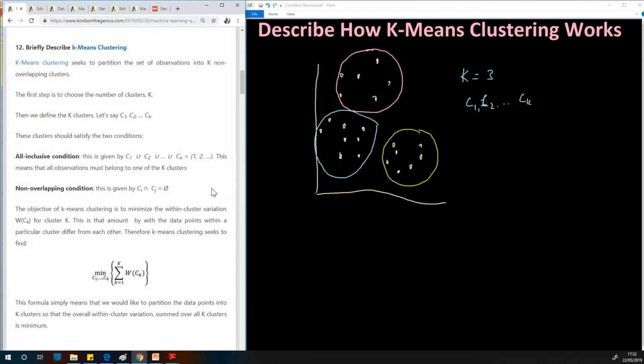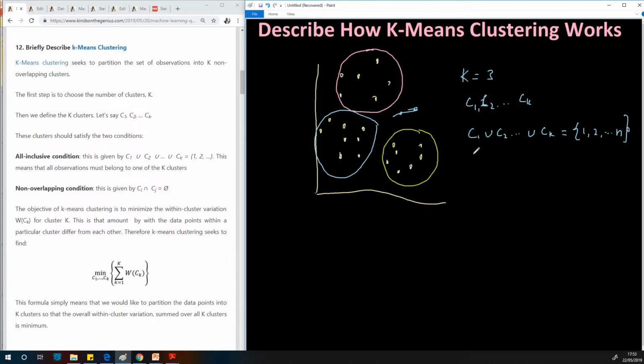The all-inclusive condition simply means that C1 union C2 all the way to union Ck is equal to 1, 2, all the way to n. That is, all the observations should be included in the clusters, so there will be no observation that is left out. This is the all-inclusive condition.